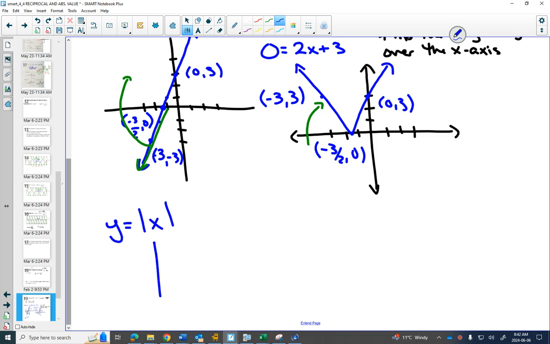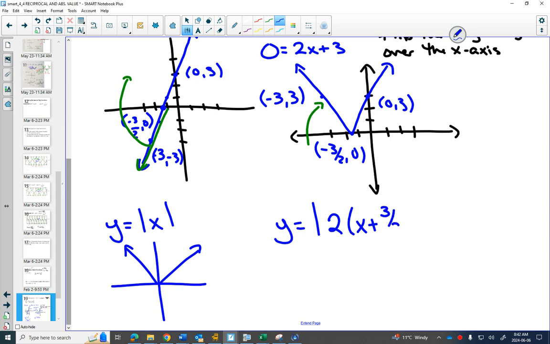Now, had you graphed this, there's my parent graph. In transformations, if I wanted to graph 2x plus 3, I'd have to first write it in factored form. That's the first thing you guys always forget. And then this would be a horizontal compression.